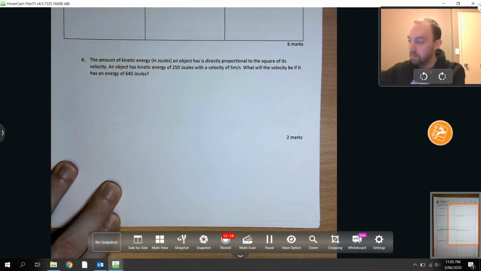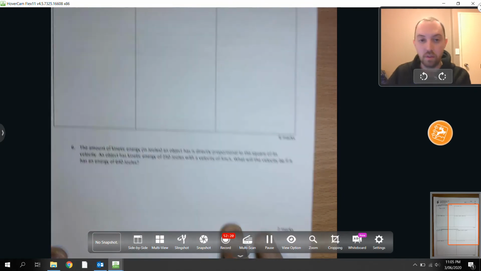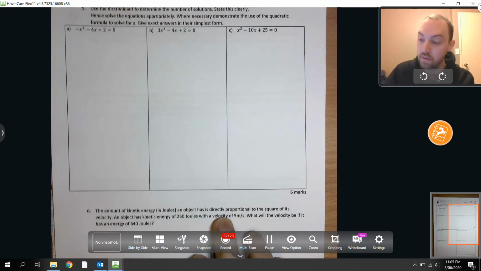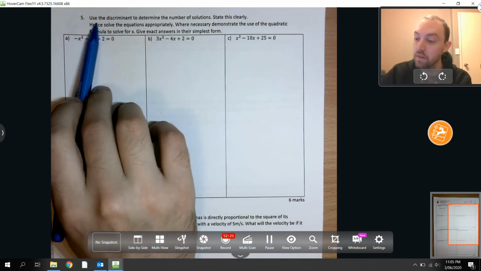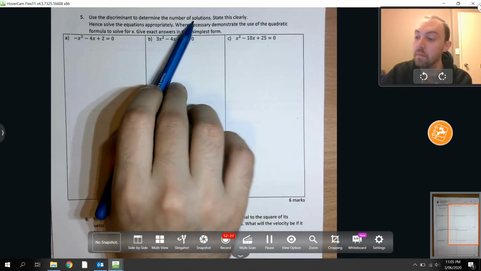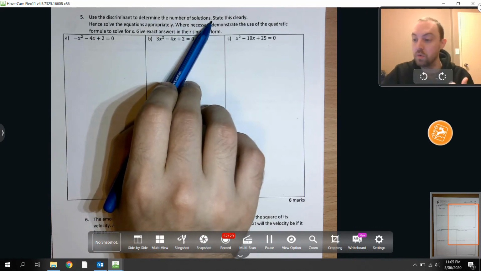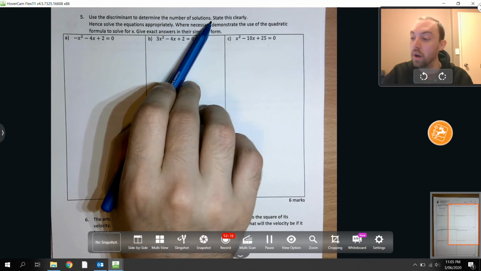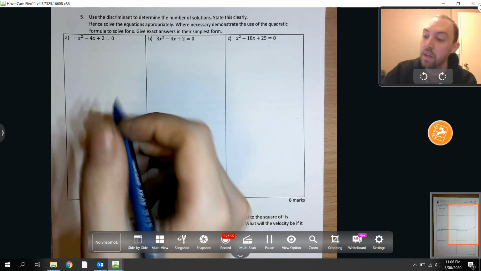Now that we've gone through that, the discriminant is the first thing that we need to do in question 5. Use the discriminant to determine the number of solutions. So if it's positive, 2; if it's equal to 0, 1; if it's less than 0, it has to be 0. And that's what we need to do first.